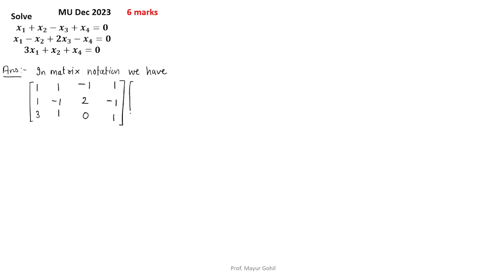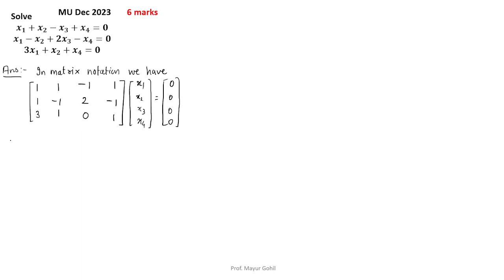So this is x1 x2 x3 x4, and over here we'll have 0 0 0 0. Now we note that this system is a homogeneous system, so we will see how to handle it.